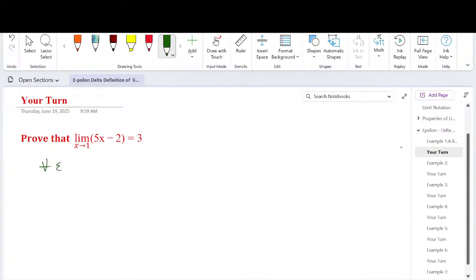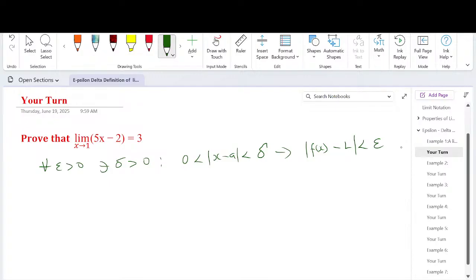For every epsilon greater than 0, there exists delta that is also greater than 0, such that 0 is less than |x - a|, which is less than delta. It follows that the absolute value of f(x) minus the limit, that's the closeness to the limit, is within epsilon. So that is what we're saying.